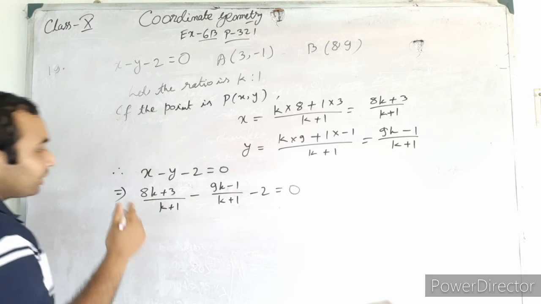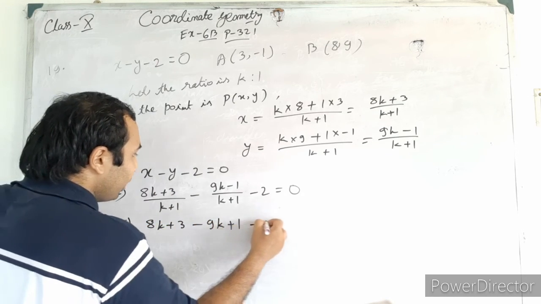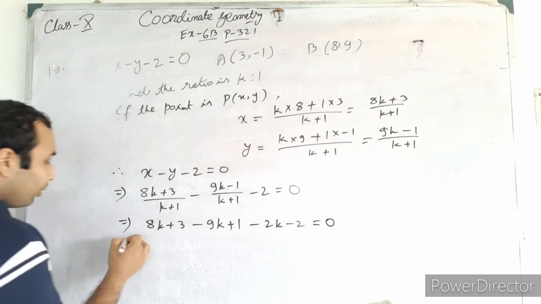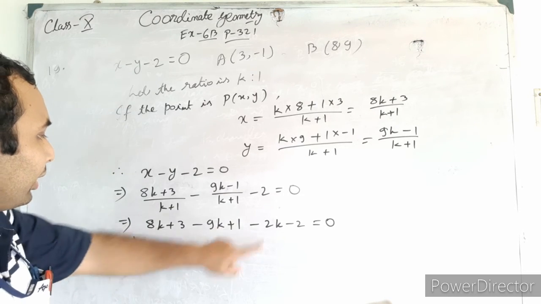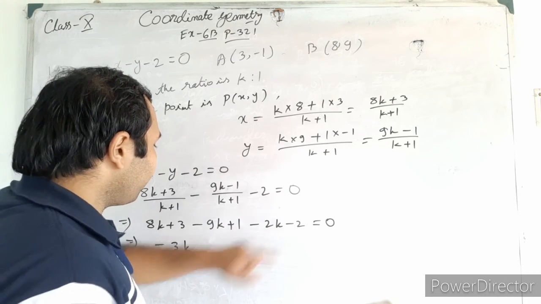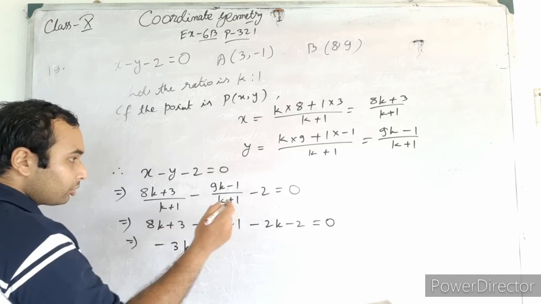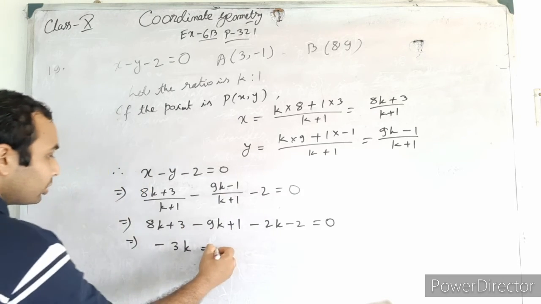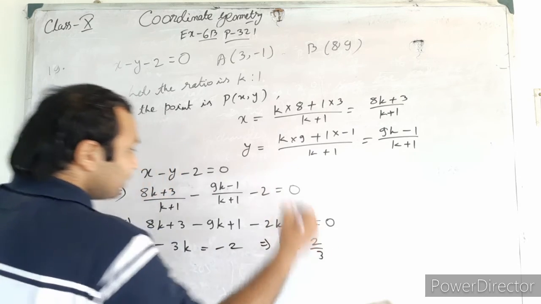Do the fractional addition: 8k plus 3 minus 9k plus 1 minus 2k minus 2 equals 0. From here you will get the value of k. It is minus 3k, plus 4 minus 2, which is 2. So minus 3k plus 2 equals 0, and obviously k will be 2 by 3.